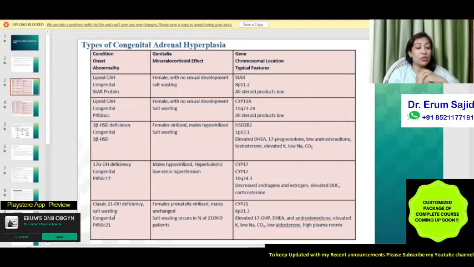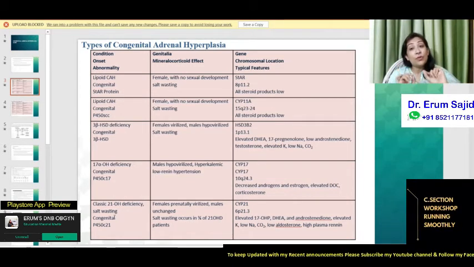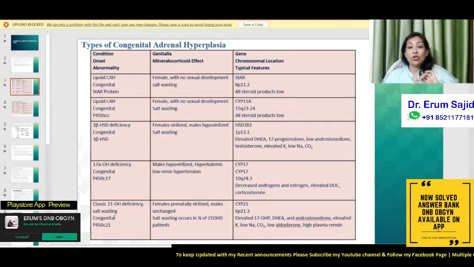but the situation which can cause crisis and that you should be able to diagnose are these. Now the problem is that if any baby is born with ambiguous genitalia, very important for you is to immediately transfer her to a pediatric endocrinologist.